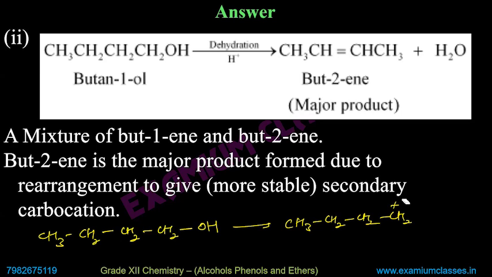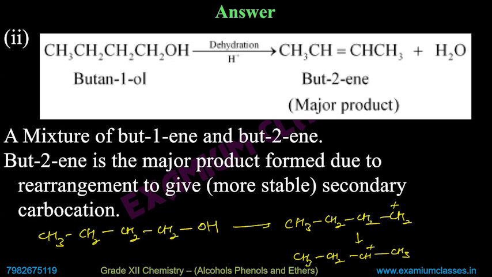So this actually gets converted into a secondary carbocation and hydrogen moves from this one to this. Hydrogen moves to the terminal carbon and the next carbon gains positive charge and it is more stable because it is 2 degrees.